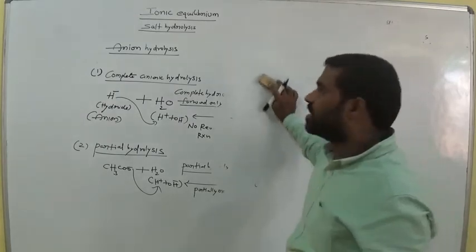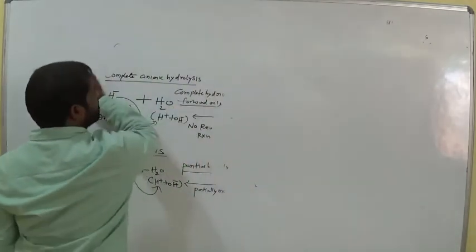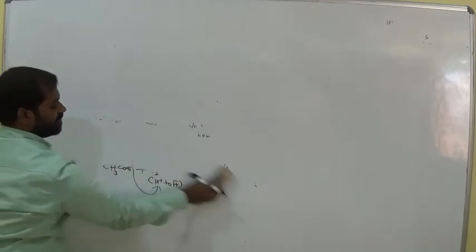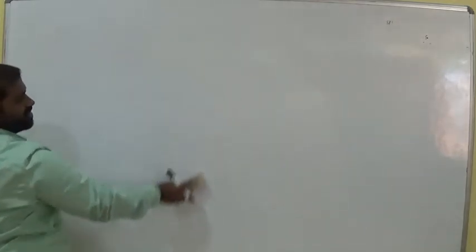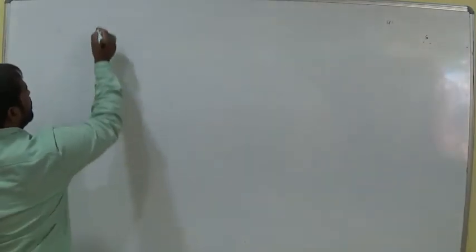So we have four types of salts. In that, which types of salts undergo hydrolysis? Remember this.